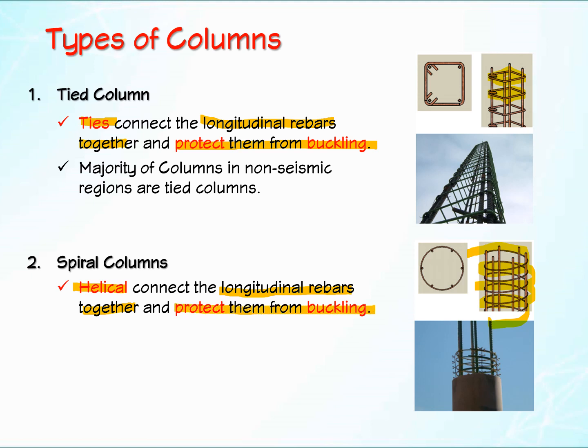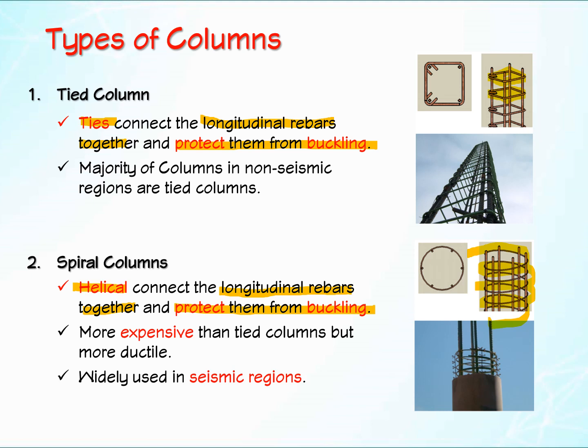And that type of failure mode is very important in seismic zone, so that even though spiral columns are more expensive, but it's more ductile, so that spiral columns are used mainly in seismic region.